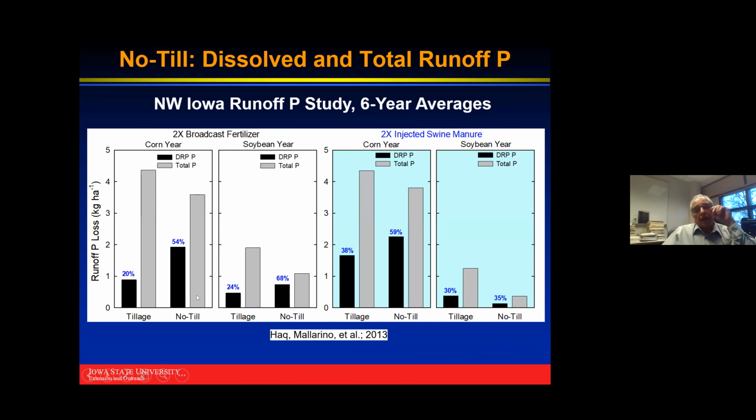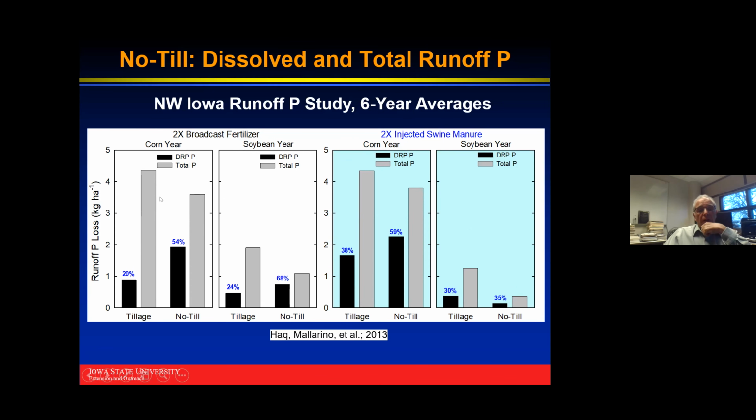So in this study, these are the results for the runoff P loss. On the left, we have the fertilizer. Remember that this is the double rate applied only before corn, okay, broadcast. And on the right, the bluish graphs is the same rate, but injected swine manure. So the results for both the fertilizer and the manure are about the same, okay? So I'm going to just describe the fertilizer.